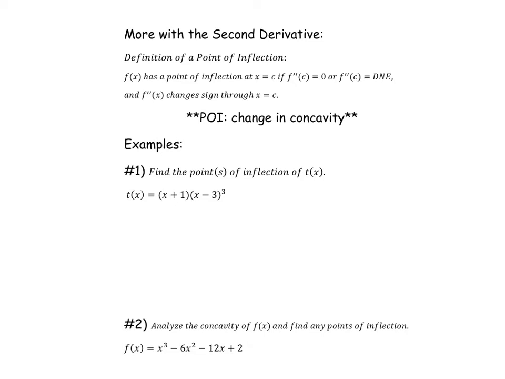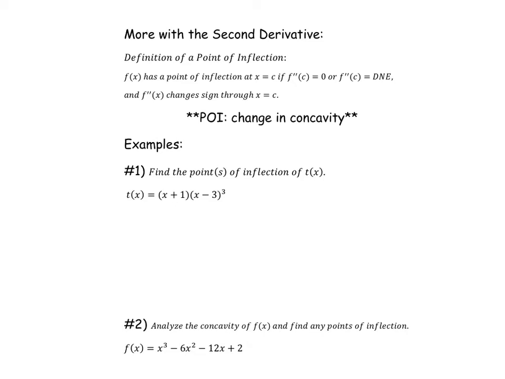The formal definition of a point of inflection is that f of x has a point of inflection at x equals c if the second derivative is 0 or doesn't exist, and f double prime changes sign through that value x equals c. So it's very similar to maxes and mins, except maxes and mins have the criteria that the derivative has to change specifically from positive to negative or negative to positive, whereas for the second derivative, that doesn't matter.